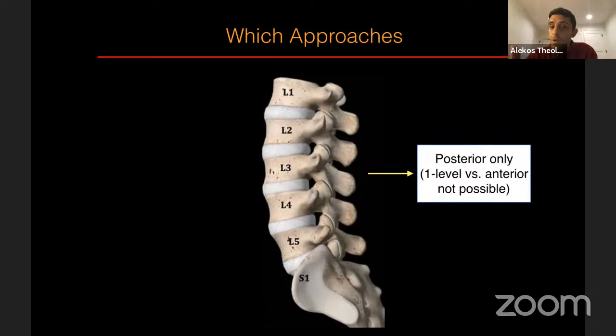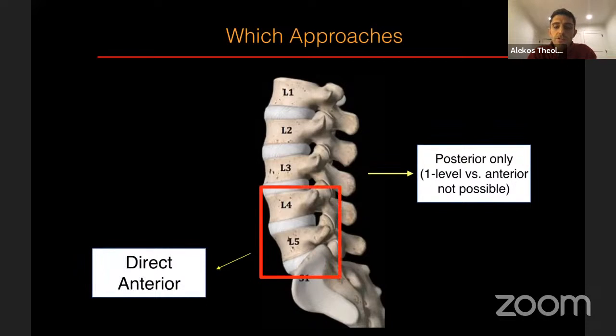You can do this really anywhere throughout the lumbar spine. And there are several nice papers out there that talk about this; L5 especially can be a little more challenging because of the working space, but it can be done. For these low lumbar reconstructions, one can consider doing a direct anterior operation.